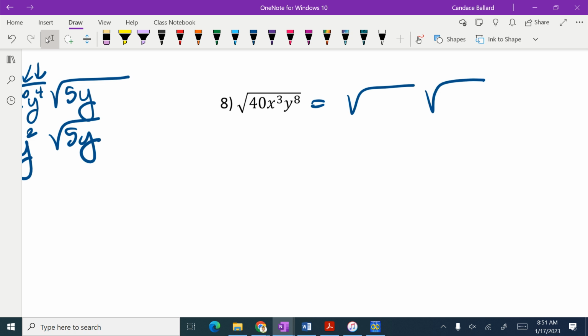Okay, take a couple of seconds and check it with your table partner. You haven't talked to your table partner yet today. Take a couple seconds and check your answer with them.